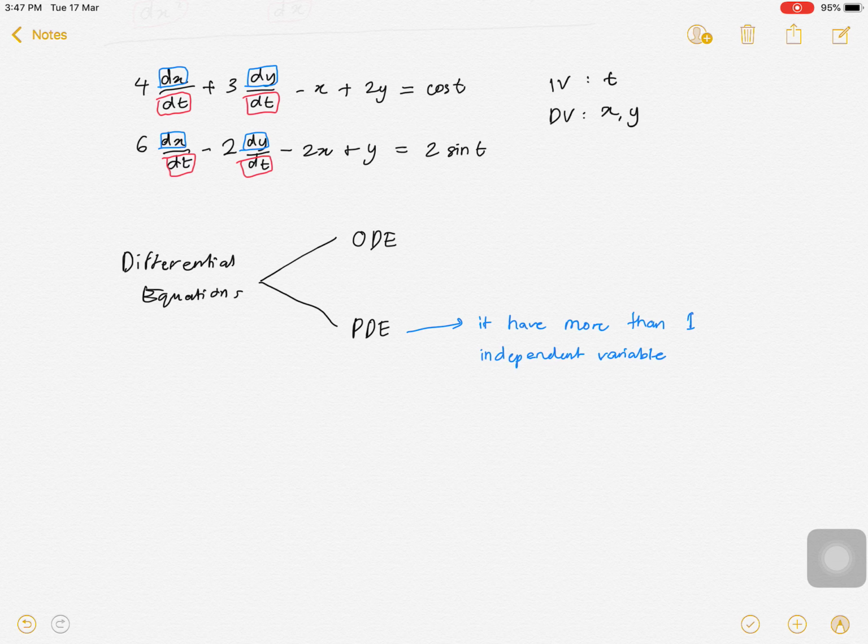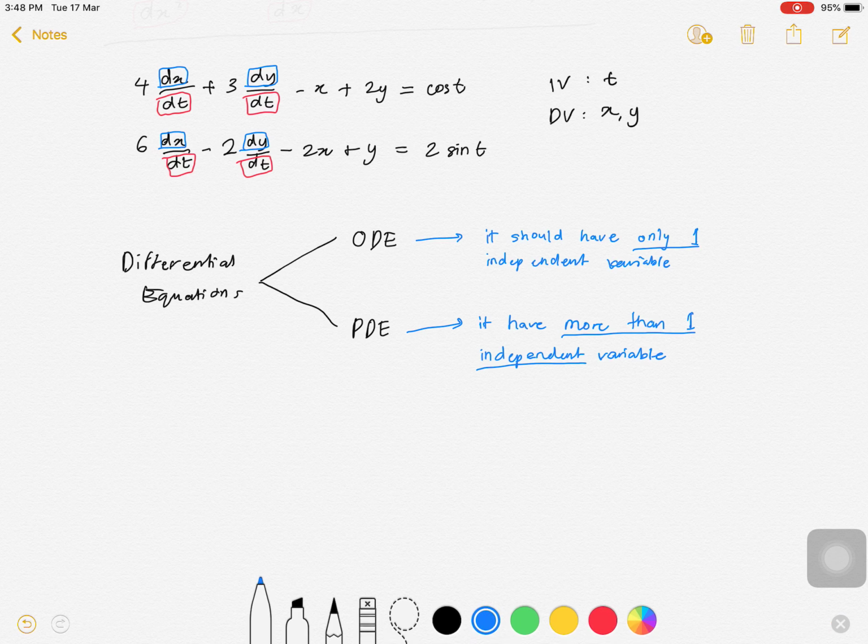Okay, remember, this is the independent variable. And for ODE, it should have only one independent variable. Only one, versus more than one. Okay, so you need to remember this.